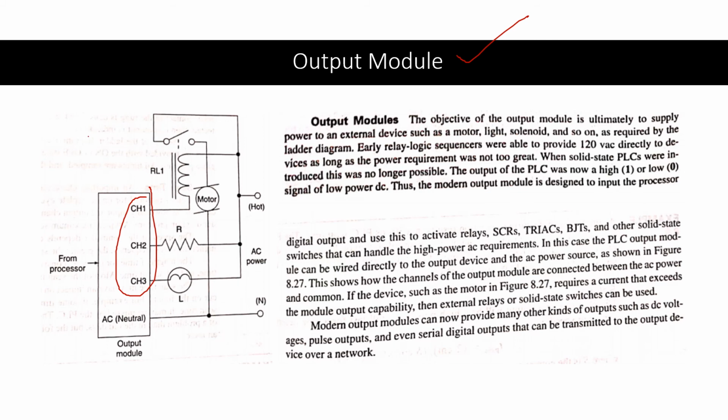Once it receives a 1, it makes the system go into the on condition. Once it receives a 0, it switches off the systems. That is the ultimate operation of the output module.